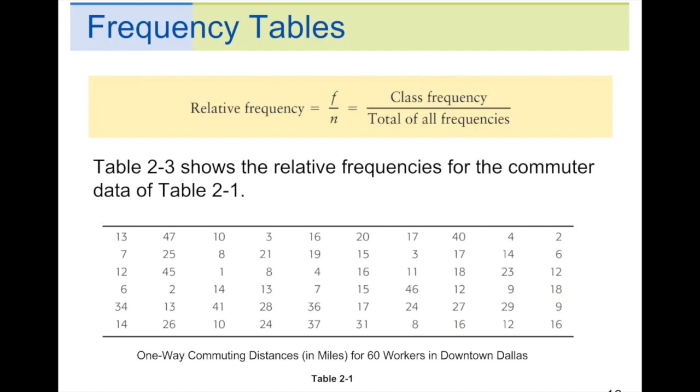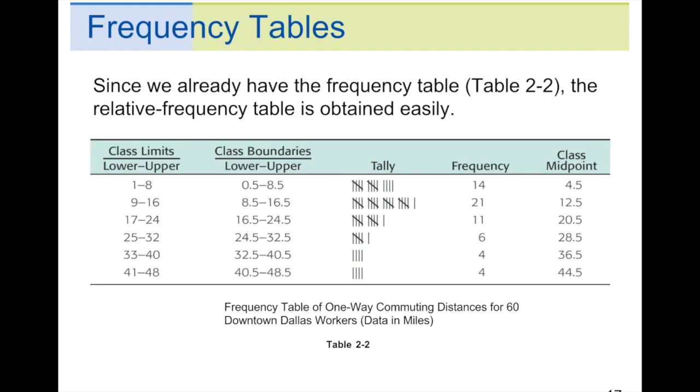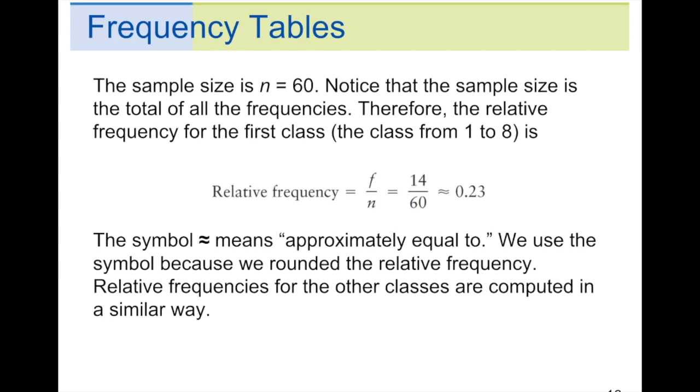Now here's relative frequency again with the table again. Since we already have the frequency table, the relative frequency table is obtained easily. The sample size is 60. Notice the sample size is the total of the frequencies, added all up.